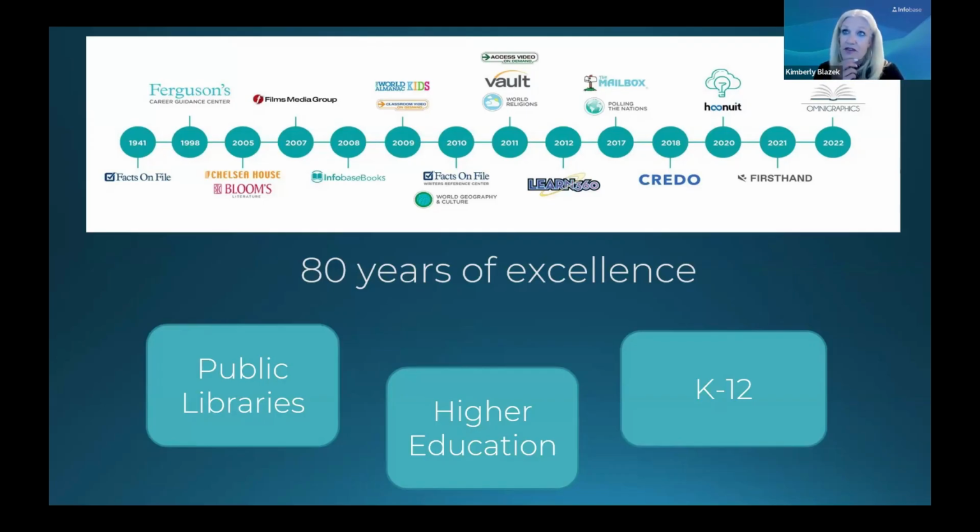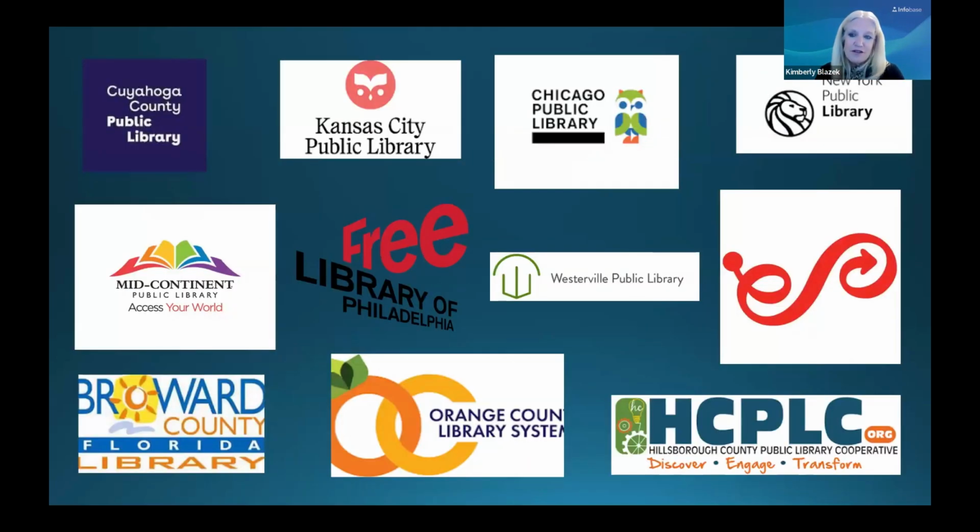We work with public libraries, higher ed, and K-12. We're in about 32,000 K-12 schools throughout the country. We're international as well. We work with Milwaukee Public there in Wisconsin. I'm sure you've heard of WiLS from a K-12 standpoint.